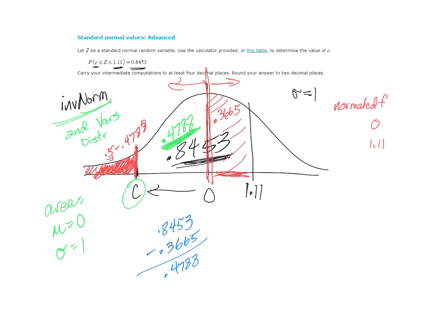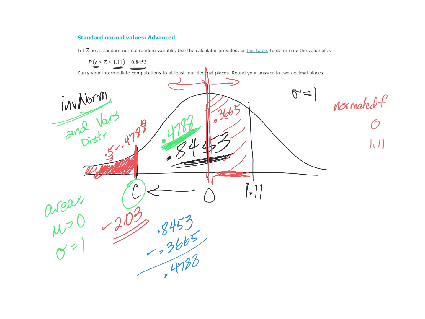So I do 0.5 minus 0.4788, and then my area, see if that'll give it to me. Yep, it gives me a value of negative 2.03.